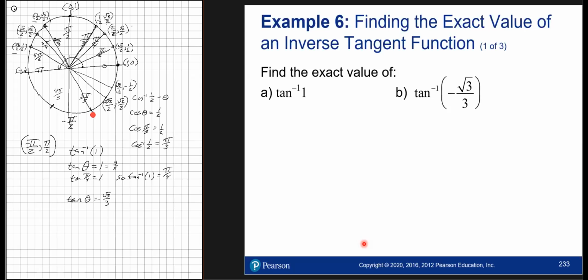And then this one here is going to be a positive 1/2 and a negative square root of 3 over 2. So my choices are negative pi over 6, negative pi over 4, and negative pi over 3.